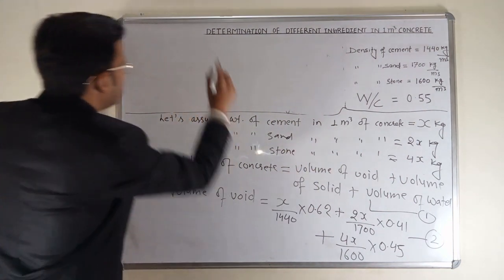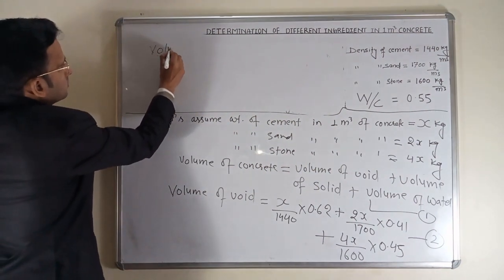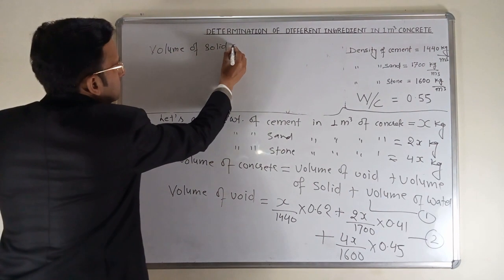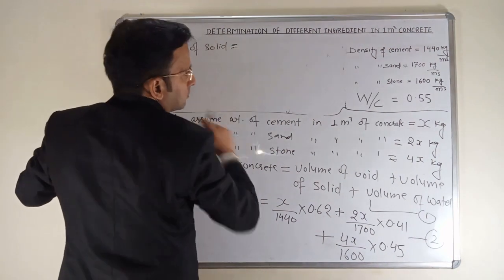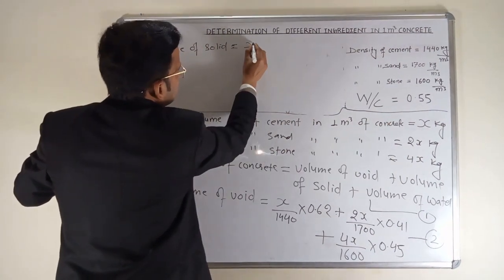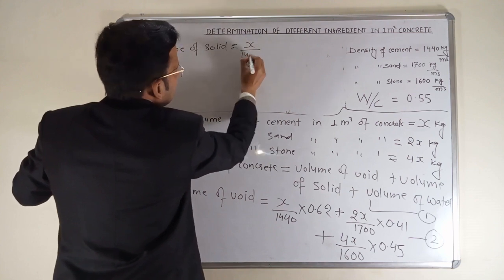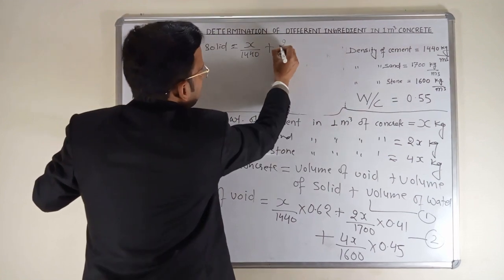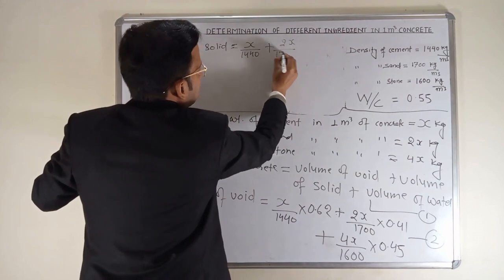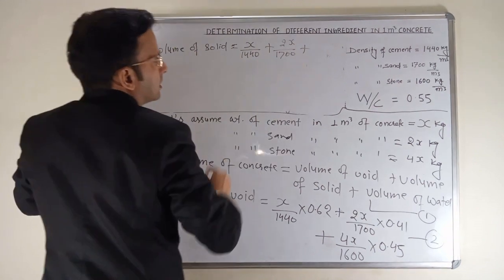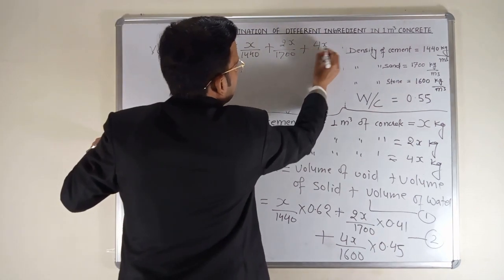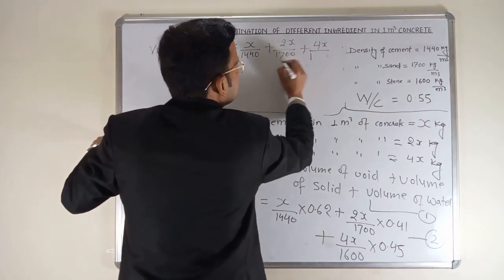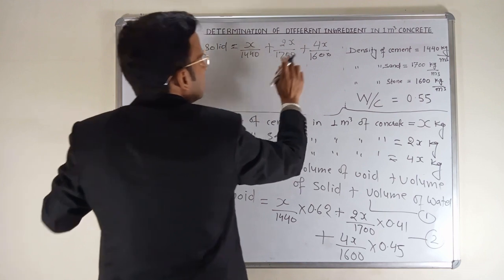Now volume of solid is nothing but x upon 1440 plus 2x upon 1600 plus 4x upon 1700 kg per meter cube.